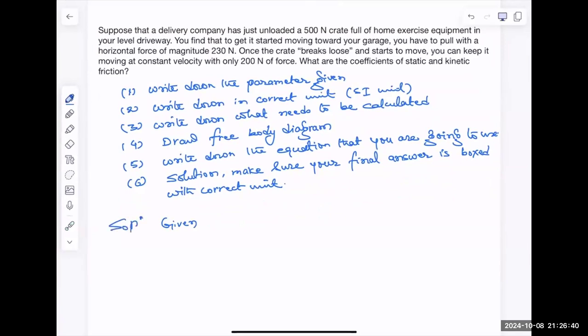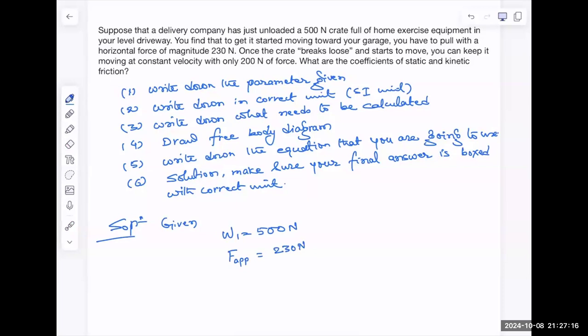So given: a crate unloaded, 500 Newton, full of exercise equipment. So the weight W is 500 Newton, not the mass. The force that you need to apply, the applied force, is 230 Newton.